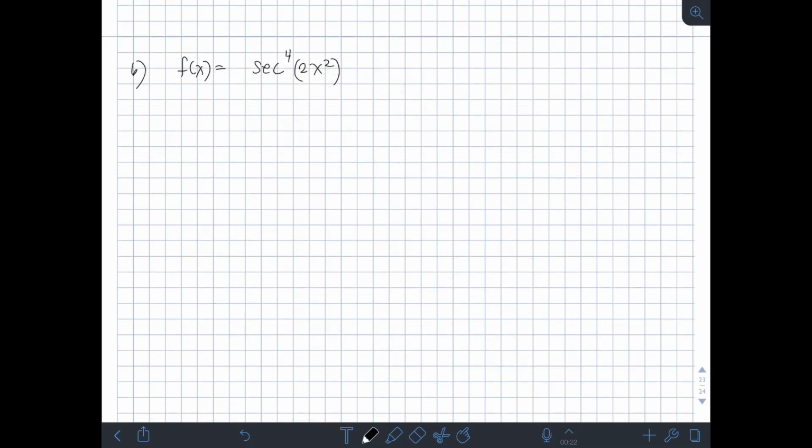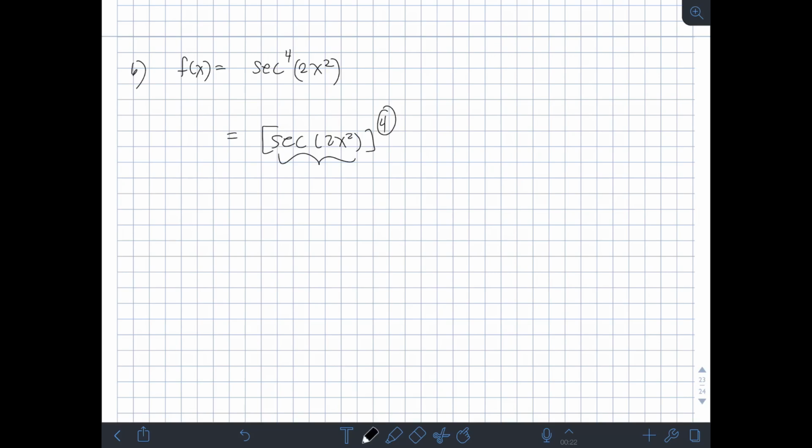Next, we have f of x is equal to secant 2x squared to the fourth. Okay, so kung i-rewrite natin to, we have secant of 2x squared quantity raised to the fourth. So parang meron tayong inside function na secant of 2x squared na naka-raise sa 4. So, chain rule, right?